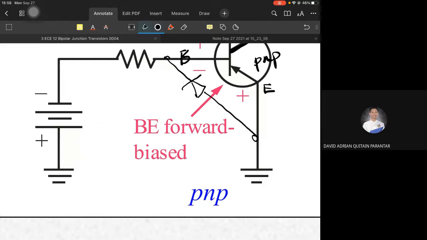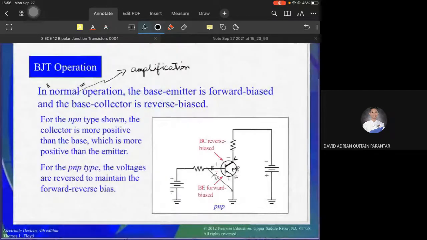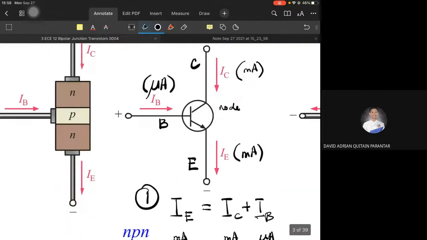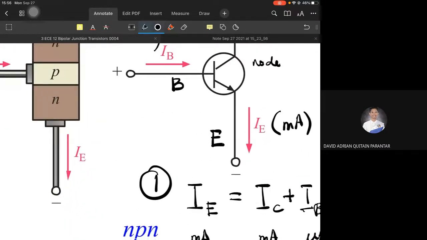Yeah, so in this case, naka-forward bias na siya. PNP ni. So, again, usually nga ginagamit is NPN. Para sa NPN, mao ni ang atong diode. Kaya dapat naka-forward bias.